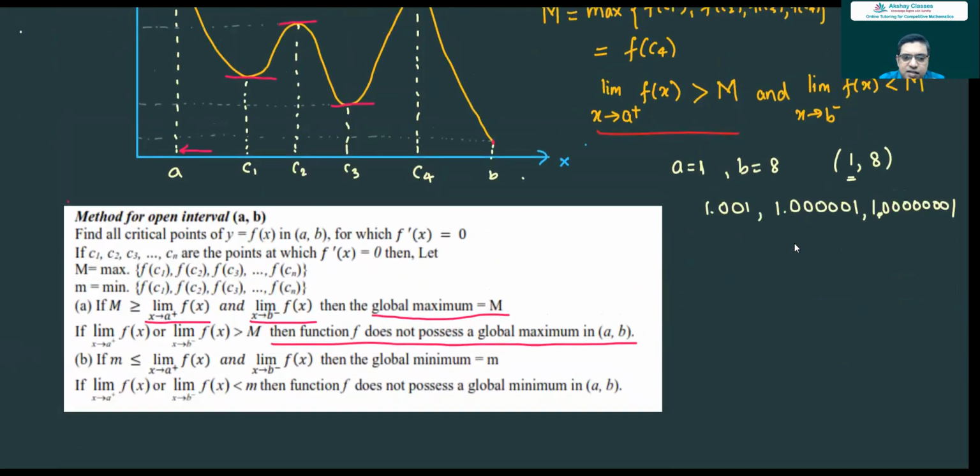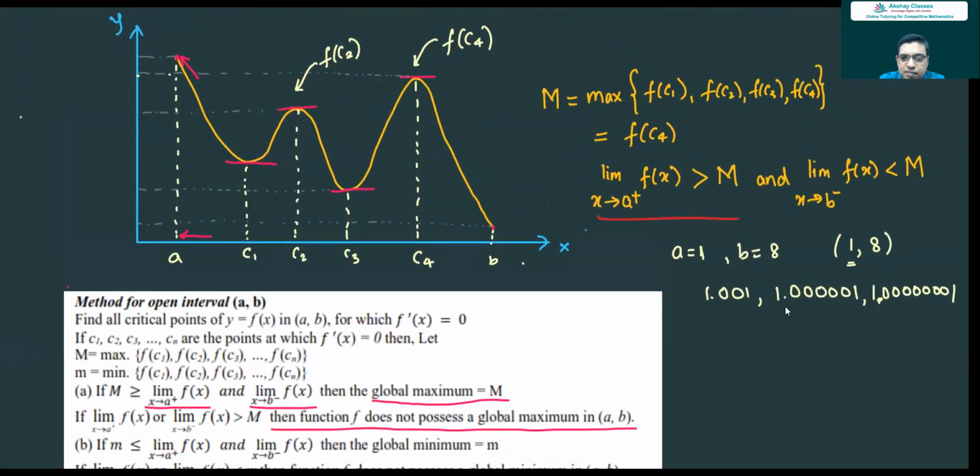Similarly, let us consider the next case, minimum. So this is the minimum of f of c1, f of c2, f of c3, and f of c4. And the least value is f of c3. So this is m.